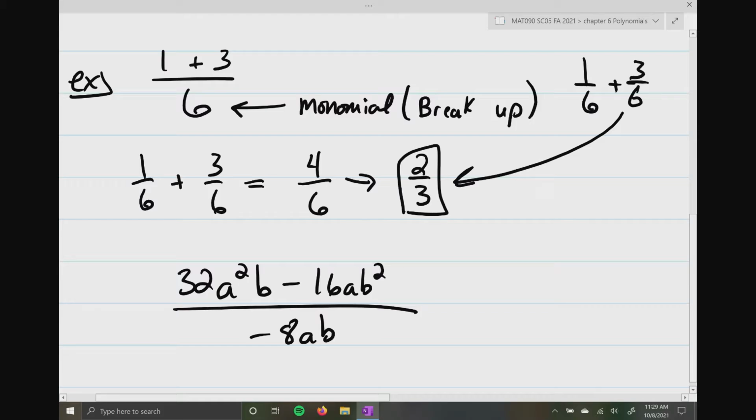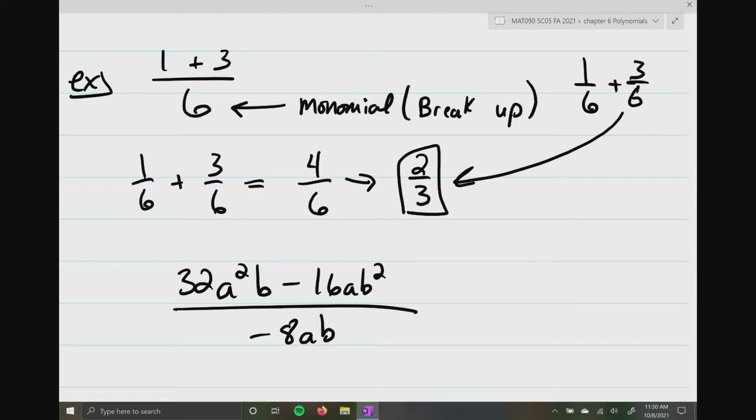Now, like I said, this problem looks more complicated, but if you were in an airplane and you were looking down onto this problem, hopefully you would see that we have two things in a numerator that's being subtracted divided by a monomial.